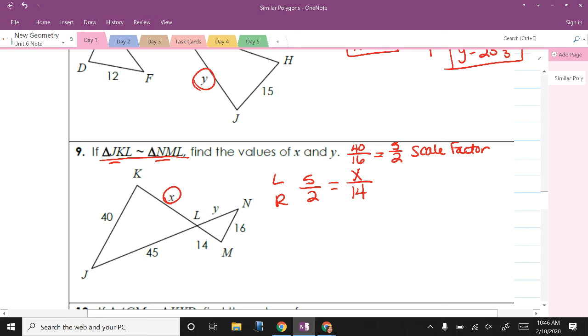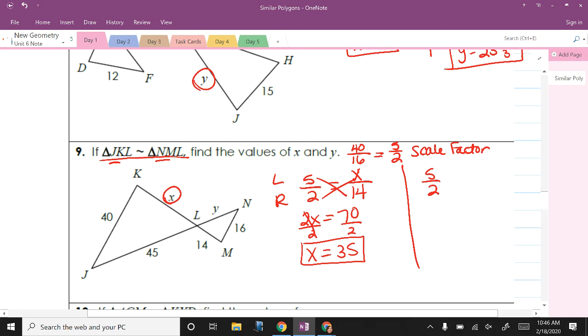Okay, cross multiply. 2 times X is 2X. 5 times 14 is what? 70. Divide by 2. X equals 35. Good. All right. To find my Y, I'm going to use 5/2 again.